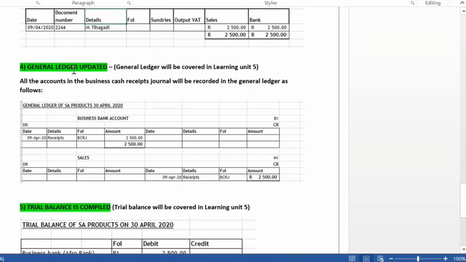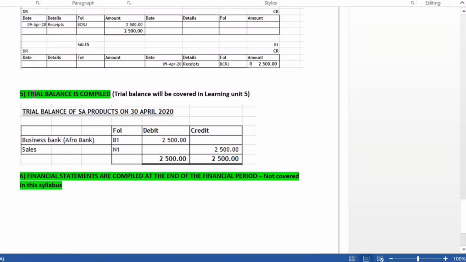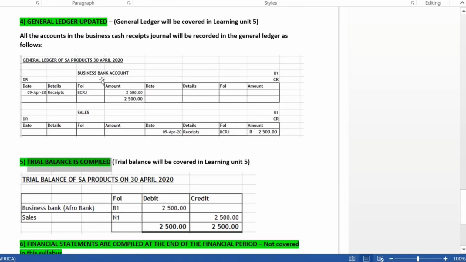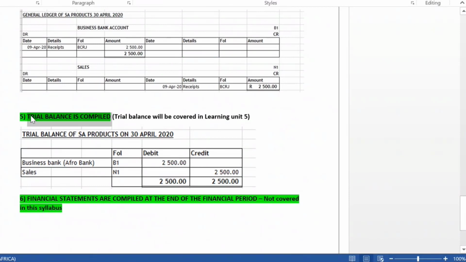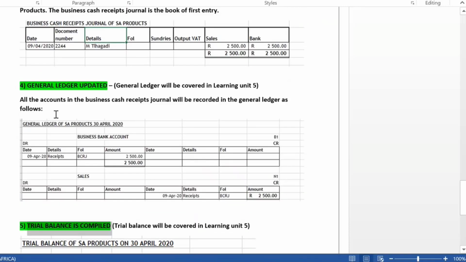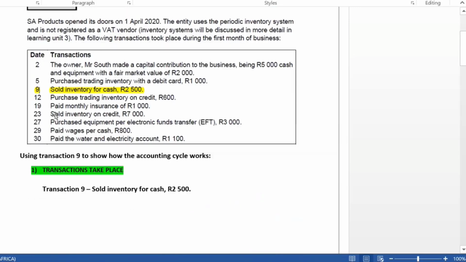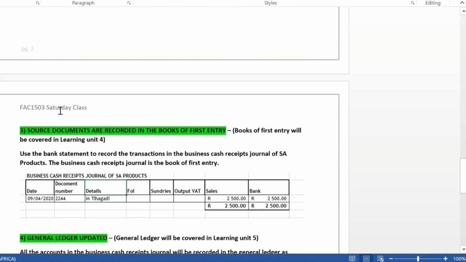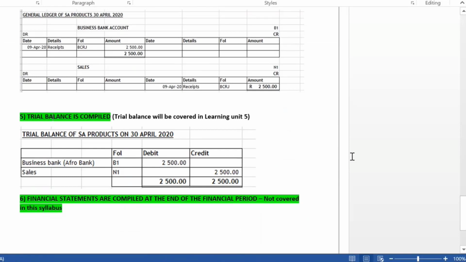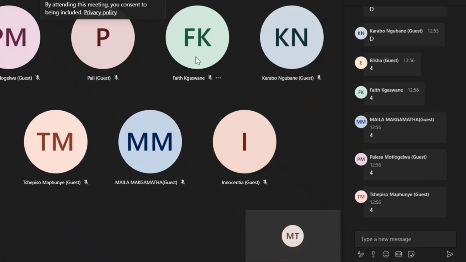Then the next point is the general ledger is updated, point number 4. And the last step is the trial balance is compiled. You cannot jump to step number 5 before you've done all the steps. You have to do all the steps until you get to the last step, which is compiling the trial balance.